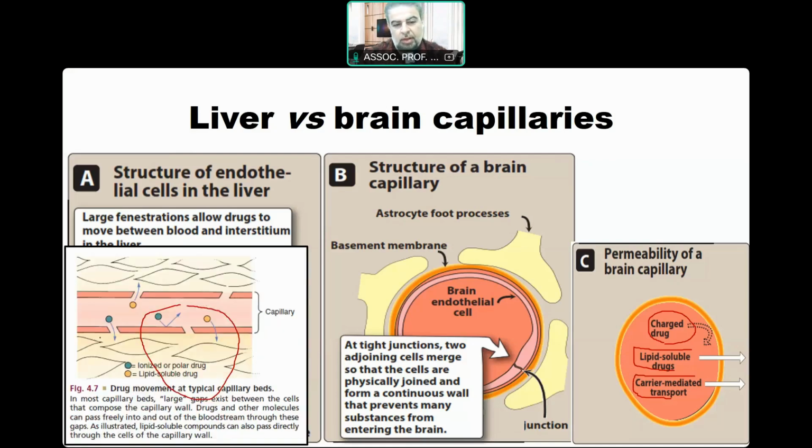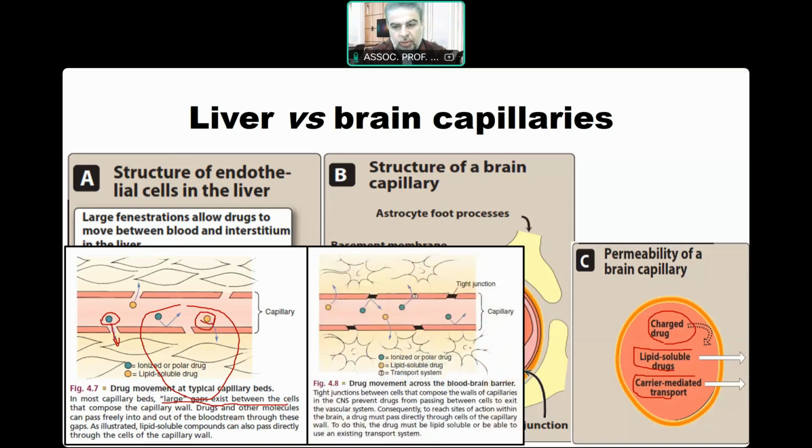Here is another illustration showing how the liver allows large molecules of water-soluble drugs to go through the very wide and very large gaps that exist between the cells of the capillary wall, and even the lipid-soluble drugs and molecules can also penetrate through the lipid cell membrane.